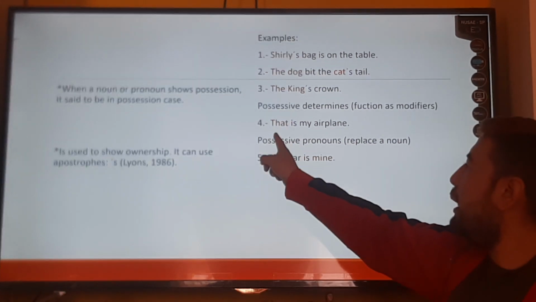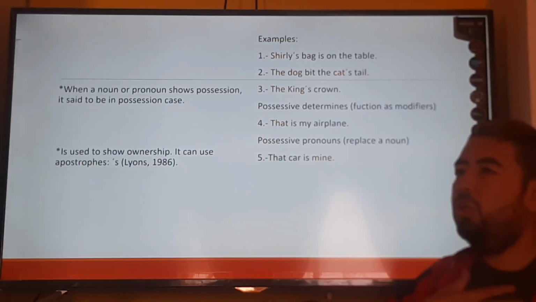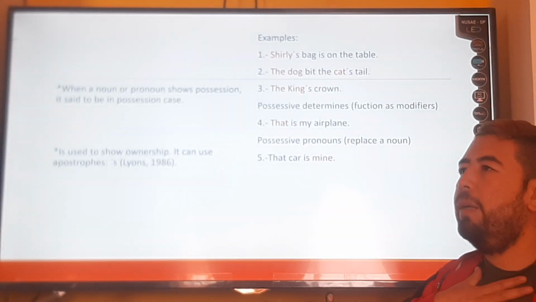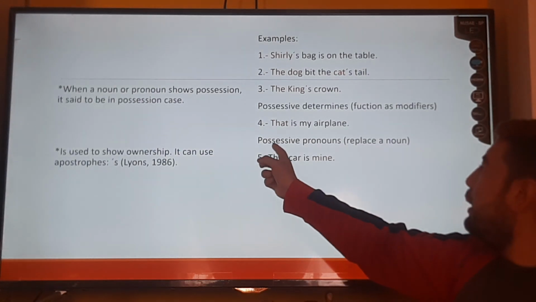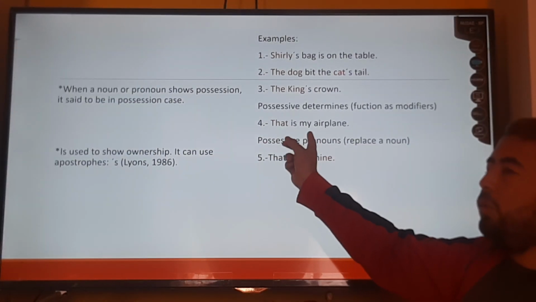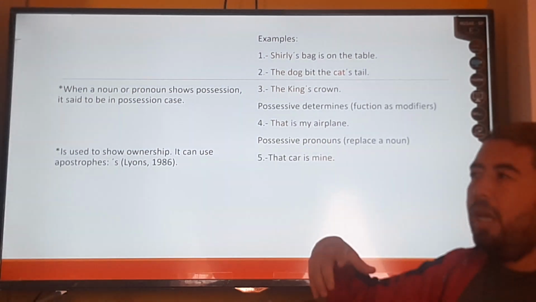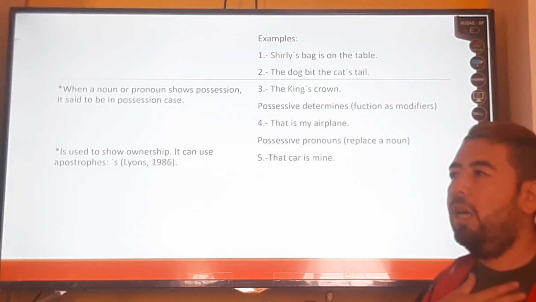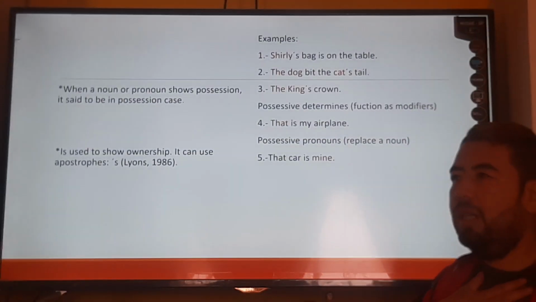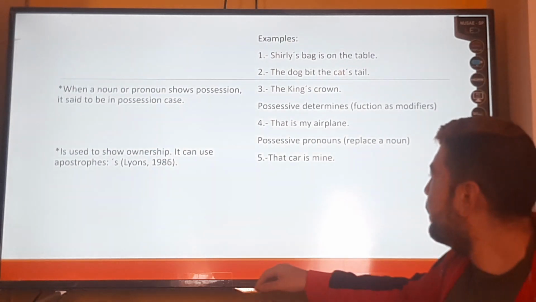For example, that is my airplane, because I use my to show my possession. That is my TV. The second, possessive pronouns, replace a noun. That car is mine. I use mine to replace a noun. That is mine. That car is mine.